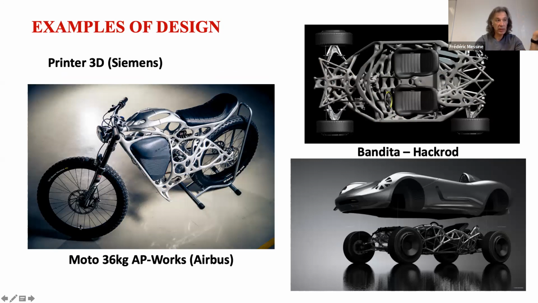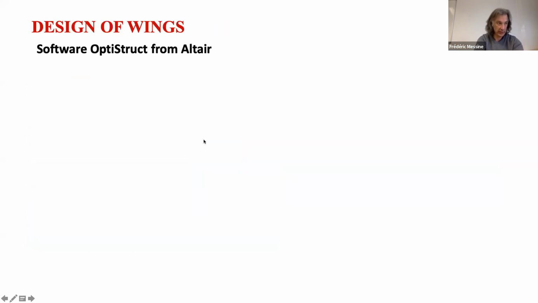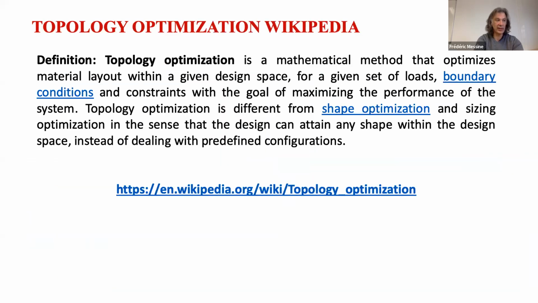You have plenty of parts to save weight, and that's the same for the motorbike. You can put holes where you want, you don't have to have straight lines. You have plenty of curvature if you save weight. That's the idea, and you can generate holes everywhere. That's not the case for shape optimization.